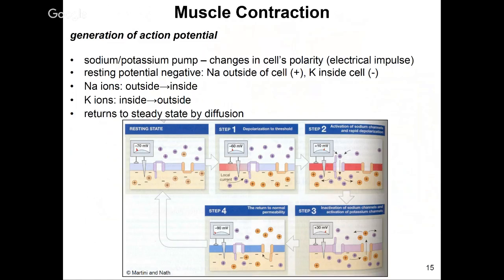So what happens is there's a sodium potassium pump that gets everything back to the way it was before. It puts the potassium back in the neuron, and it pushes the sodium back out to get us back to that resting state.